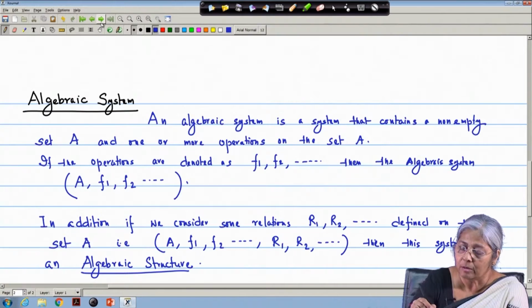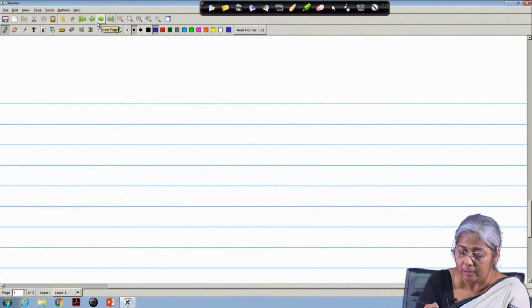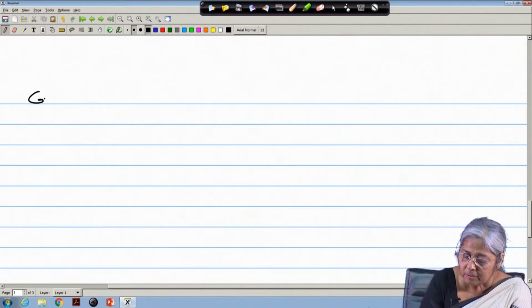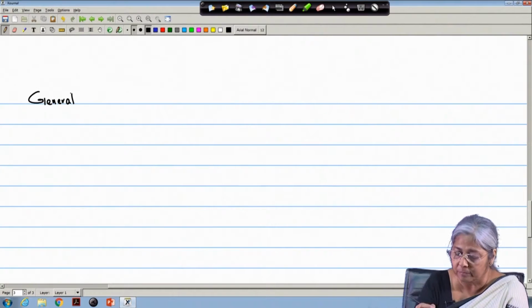Now, first we see some general properties. We read some general properties because based on these properties, we will try to identify them and define the different algebraic systems or algebras.